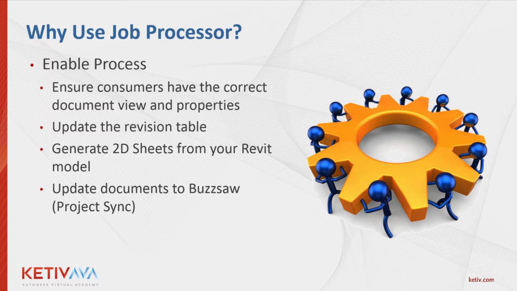powerful processes. So there are a few things inside the Vault ecosystem that we can't do unless you have job processor. So the first process task here is basically ensuring that customers have the correct document view and properties when they need it. So this would be a situation where we would typically tie a job processor task to a lifecycle state change.